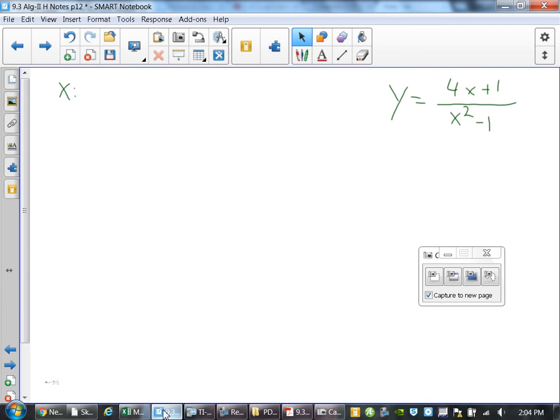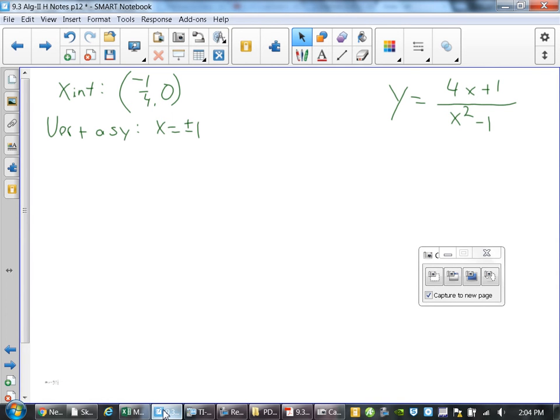X-intercept is at negative 1/4, comma 0. That's my x-intercept. If I write it as an ordered pair, it's fine. You get the x-intercept by setting the top equal to 0. Vertical asymptotes at x equals plus or minus 1.